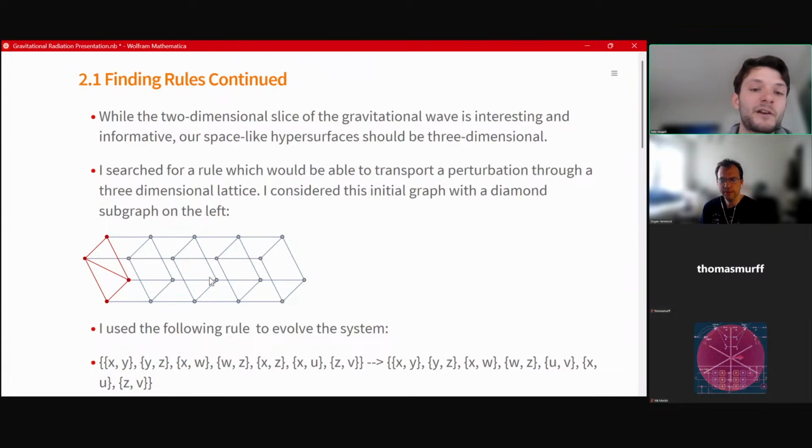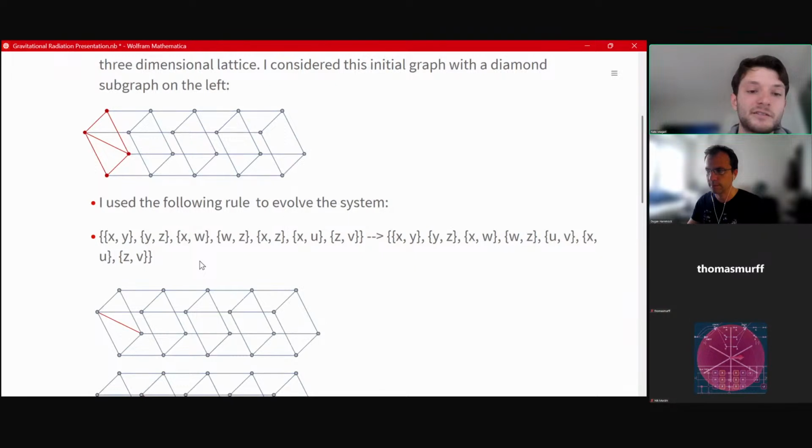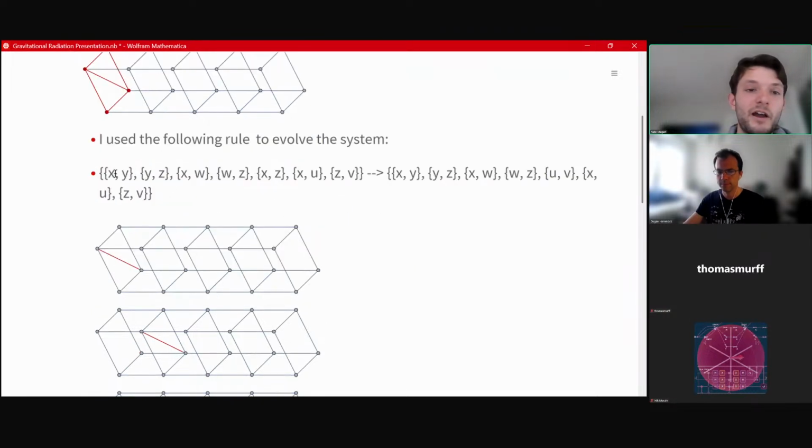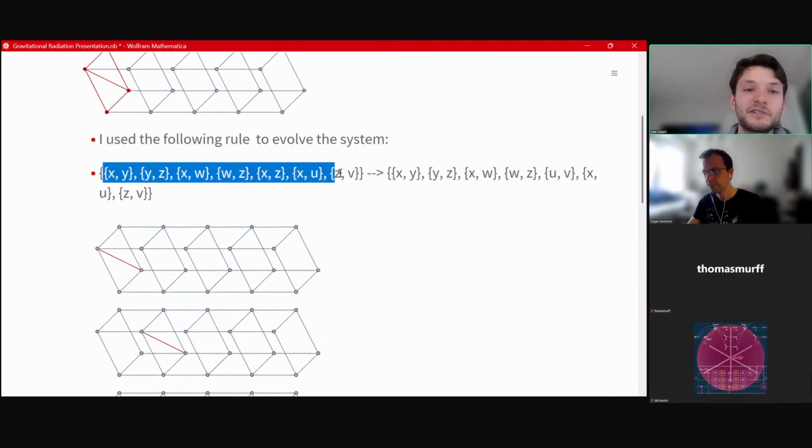And so I wanted to find a rule which could evolve this perturbation through the lattice. So I found this rule, which is a little bit more complex now because we're dealing with 3-dimensional graphs.